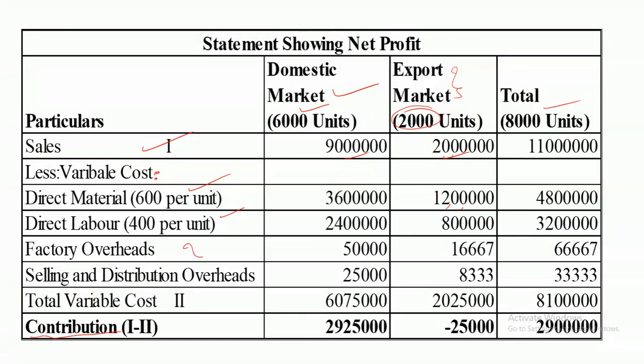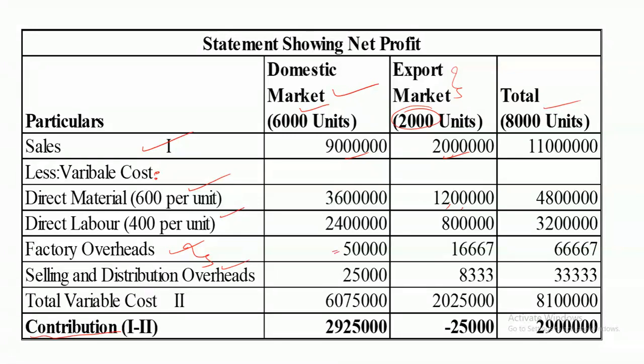And for these 2 items, as I said, this is the total cost of factory overhead. Per unit is not given and no additional information is given, and they have not mentioned whether it is fixed or variable cost. So what we consider is factory overhead is variable cost, and selling and distribution overhead is also variable cost.